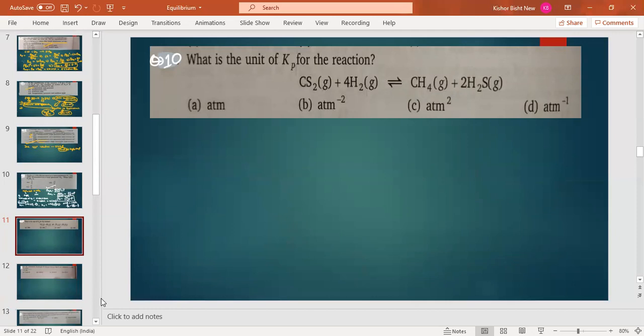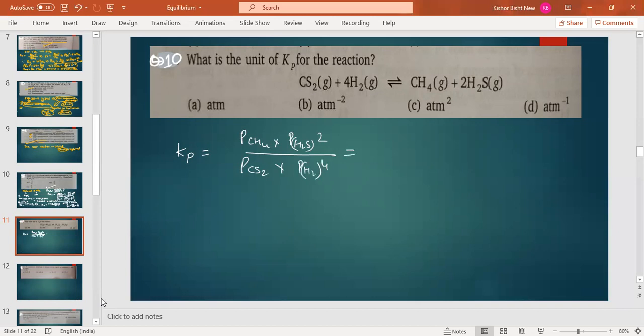Come to the next one, question number 10. What is the unit of Kp in this one? Kp unit, first you calculate. Kp is equal to P of CH4 into P of H2S square upon P of CS2 into P of H2 to the power 4.